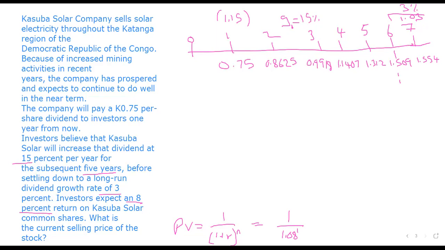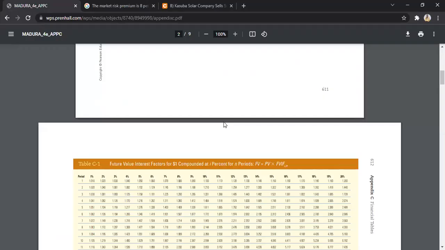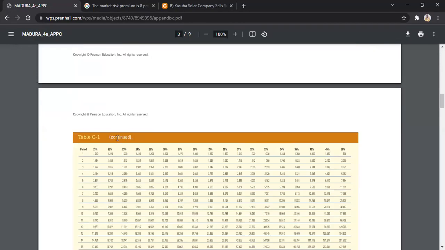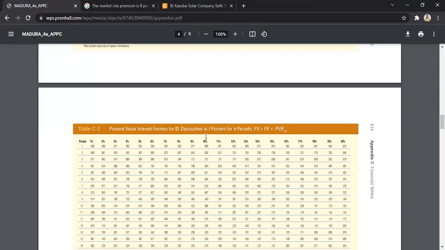0.6944. Next. So if you want, you can use a table, the present value table. You put present value under 8%, and start going down.